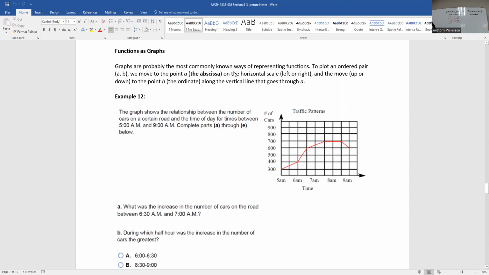Then from there, we move up or down to the point B, which is called the ordinate, or your y coordinate, along the vertical line that goes through A. And in the next section, section 8.4, we'll talk about the coordinate plane.